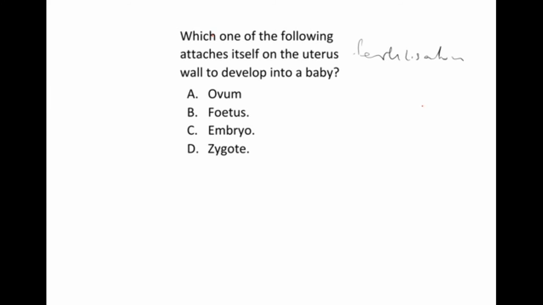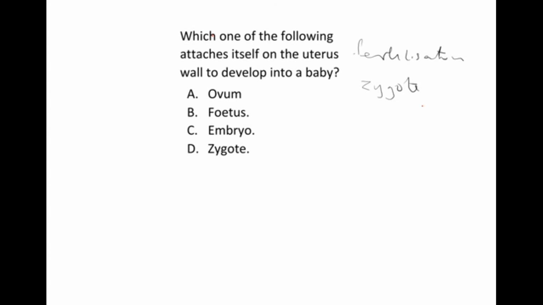Fertilization is the union between the male gametes and the female gametes of reproductive cells. Once fertilization has taken place, a living organism called zygote is formed.